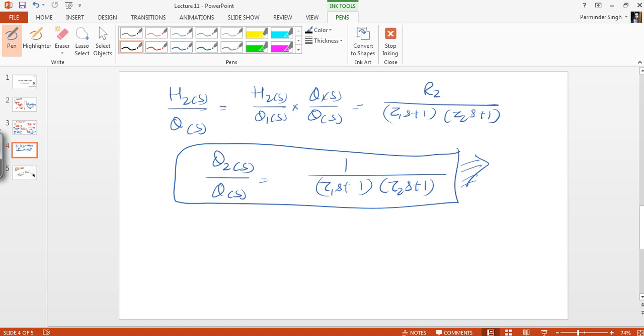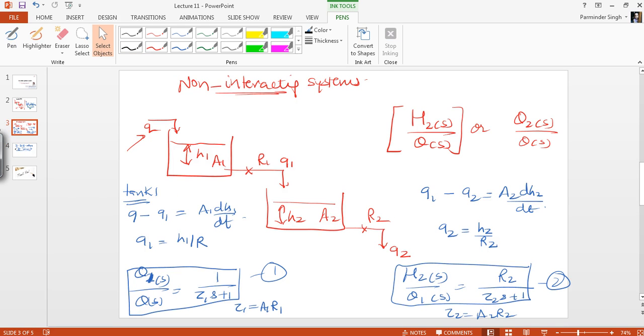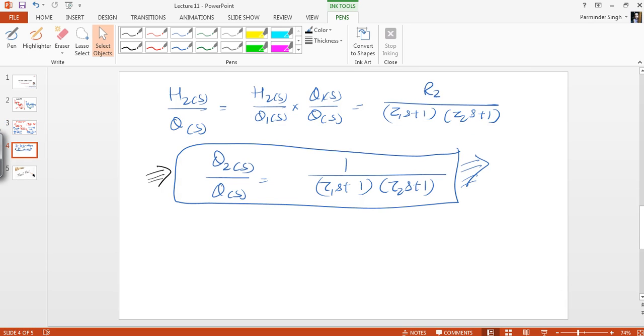Now let's try to compare the response of this system with a single tank. For that, let's assume that we have tau 1 as 0.5, tau 2 as 1, and R2 as 1.